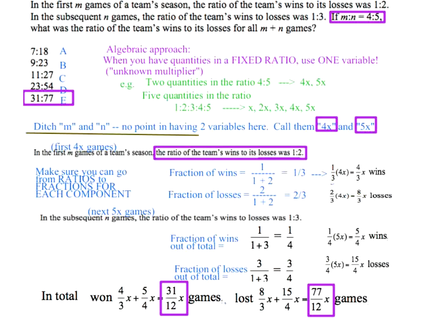I'm kind of taking it for granted, but writing things like this is a big thing. You need to label things. Definitely a big deal. Because if you just have random fractions all over the page, by the time you get down to the end of it, you're not going to remember what anything is.